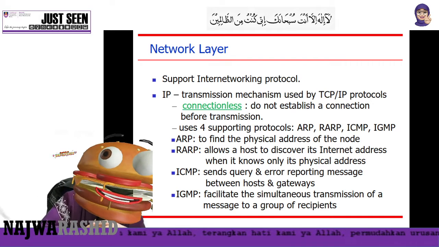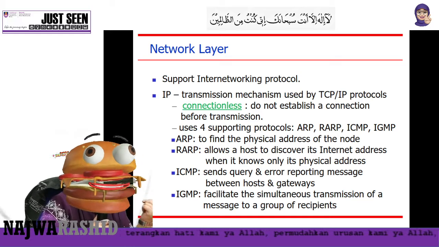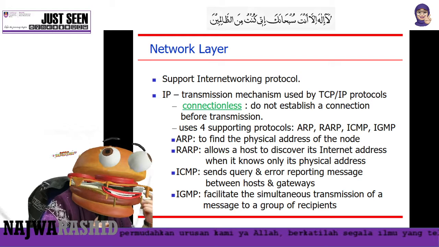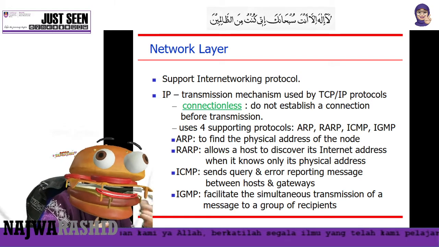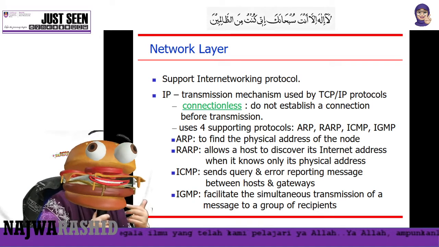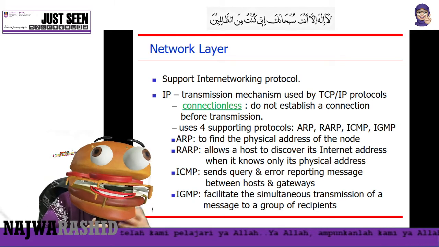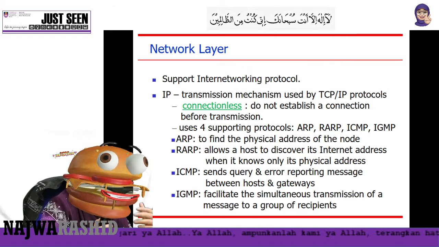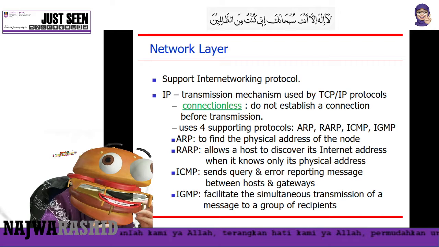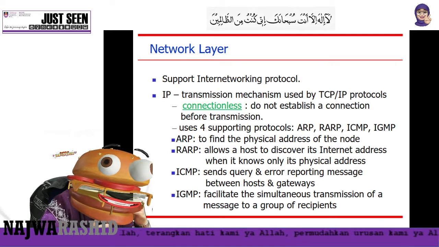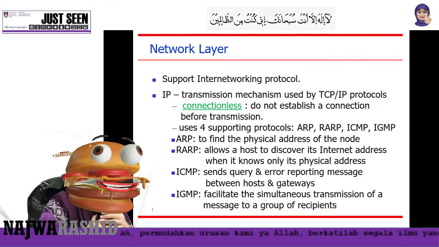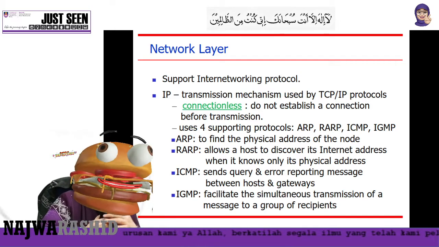Then we have ARP to find the physical address of the node. Every node or end device has a MAC address, so in order to identify the physical node, we use the ARP protocol. If you want to apply this technique, you can use the ARP protocol to detect any devices that enter a certain area.